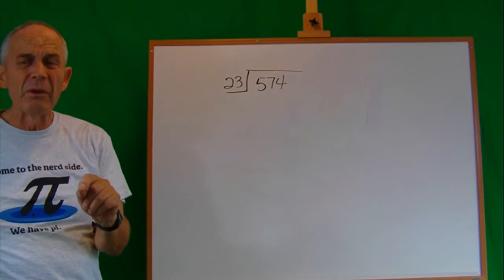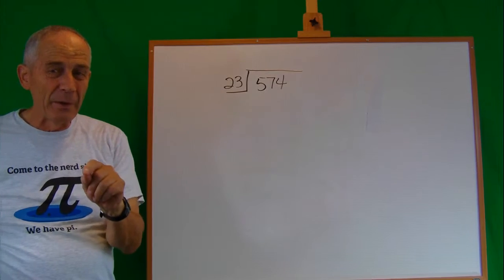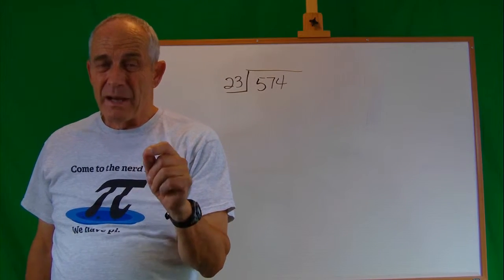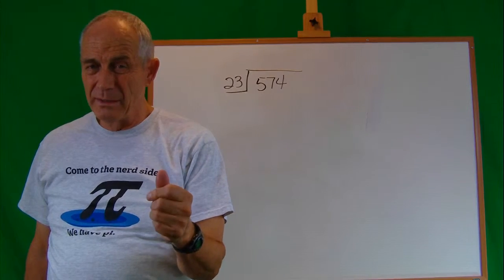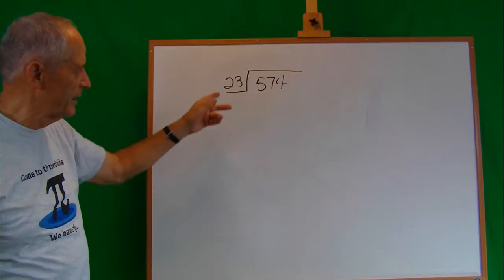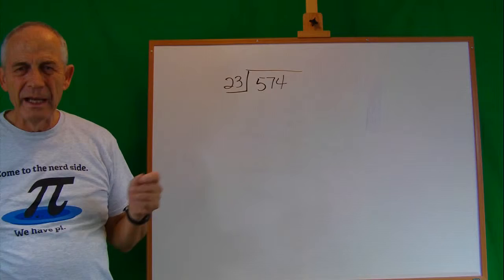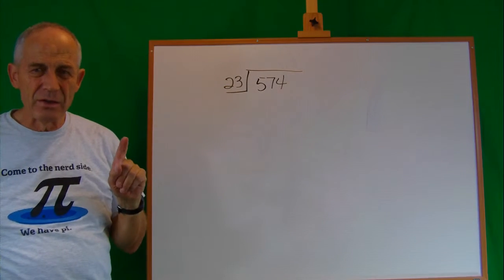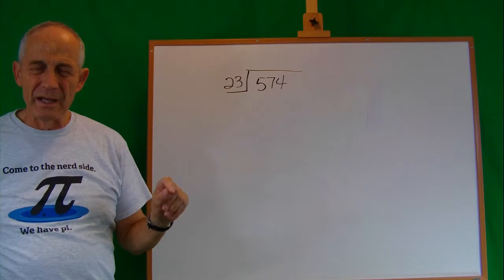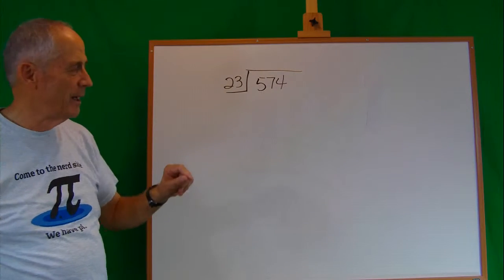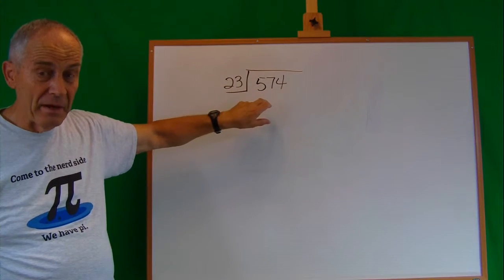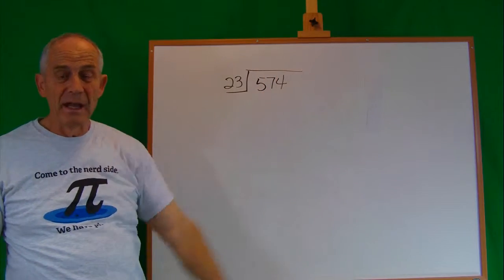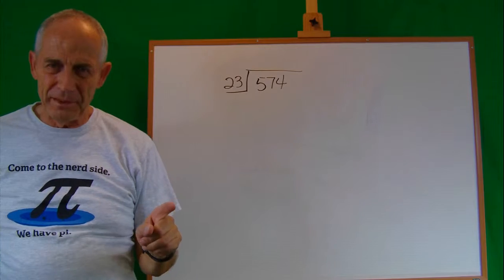But if I don't know my numbers, I'm going to use what we learned before about estimation and rounding. I'm not going to have to worry about the 23. I'm just going to look at the 2. Now that 2 there represents 20. This 5 here, if I'm just dealing with the 57, represents 50.